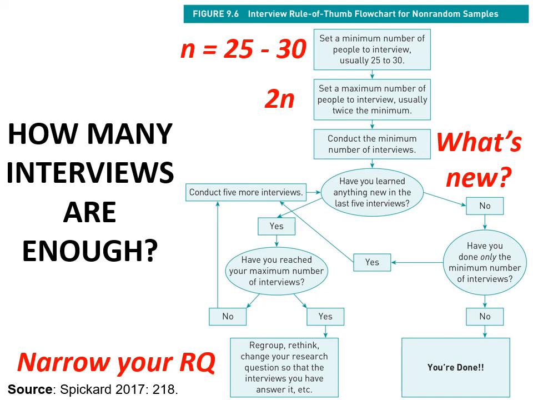So it might be that you have interviewed the maximum number of people and you're still hearing new stuff. At that point, and I would consult your instructor in the course, what you can do is say, okay, here was my original research question. I was still hearing new things even when I reached my maximum number of interviews.